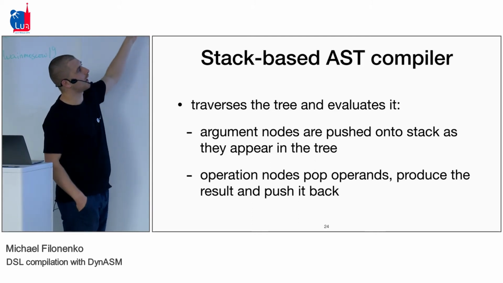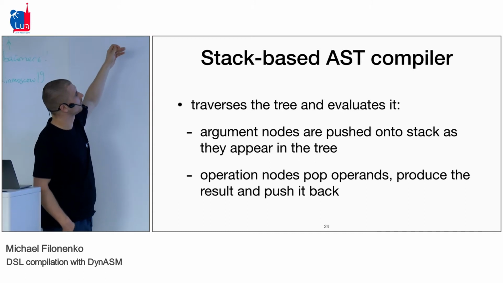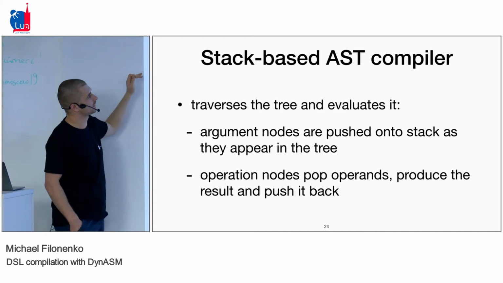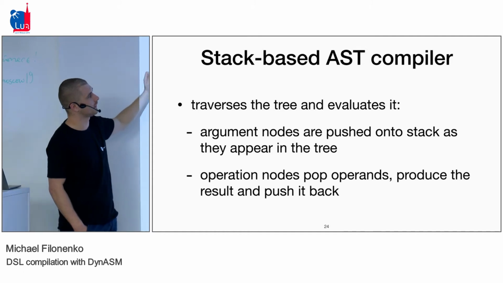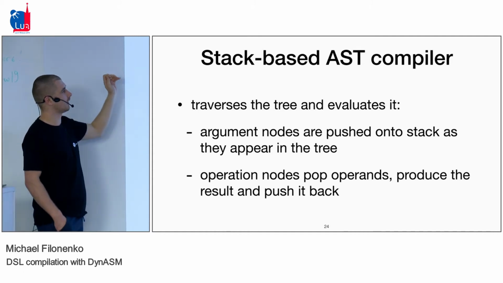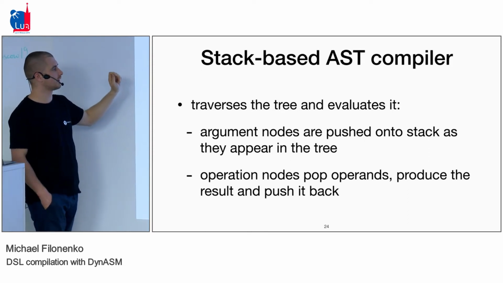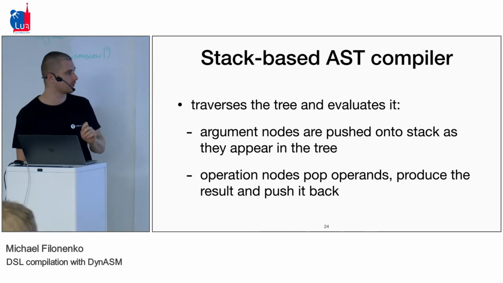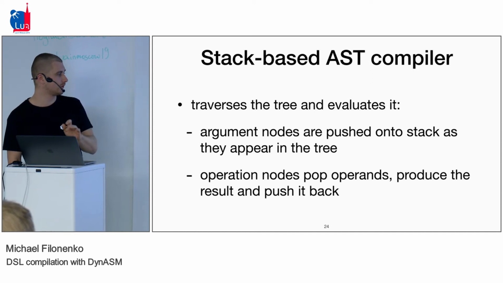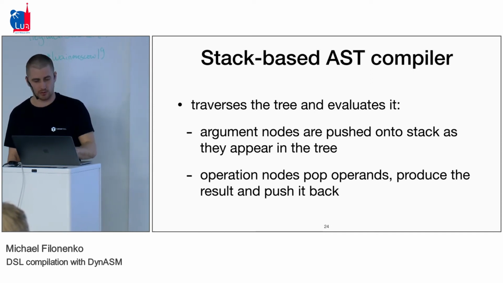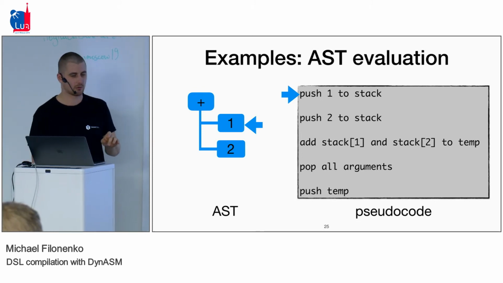This is how the compiler works. The compiler traverses the tree and evaluates it by the following rules. Argument nodes are pushed onto the stack as they appear in the tree, and operation nodes pop operands, produce the result, and push it back. A small animation about it.